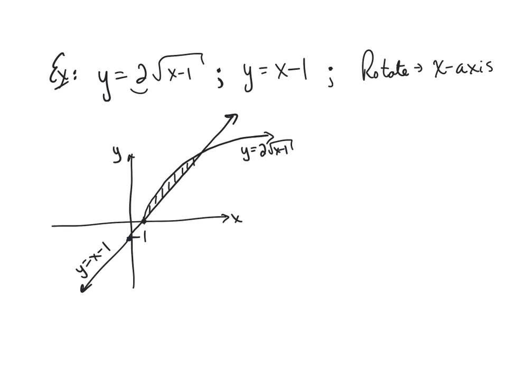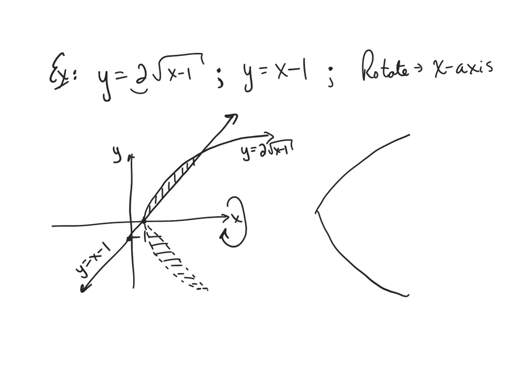Okay, now the rotation is going to be around the x-axis, so we're going to rotate it this way. As we've done in the past, I'll try to give you a mirror image down below. All right, so the mirror image would look something like that. I'll shade it in a little bit. Then we try to make it look three-dimensional, which is kind of on the tough side, but I'll give it the best try here.